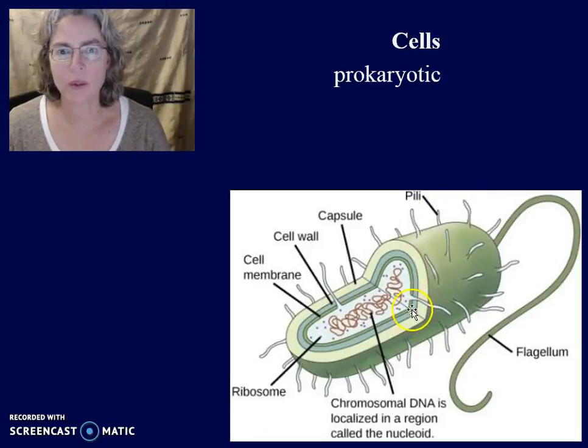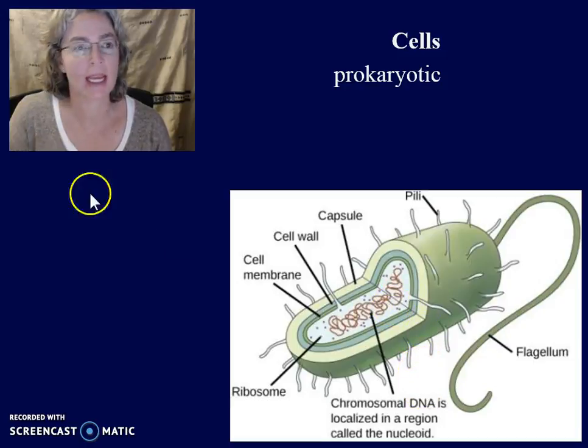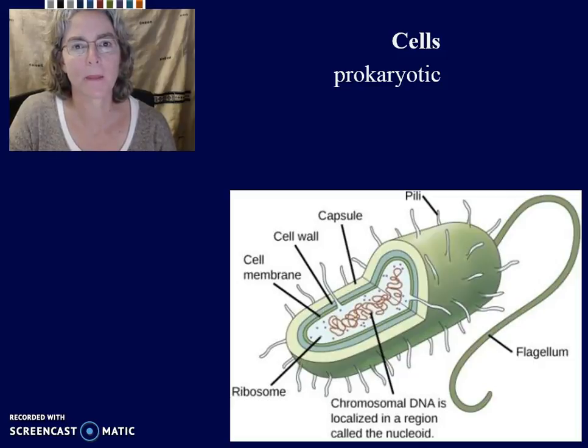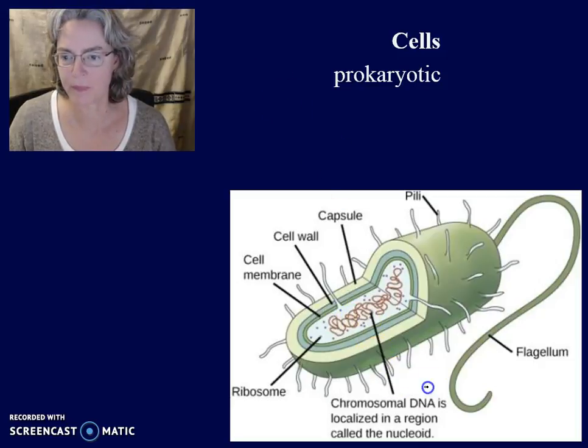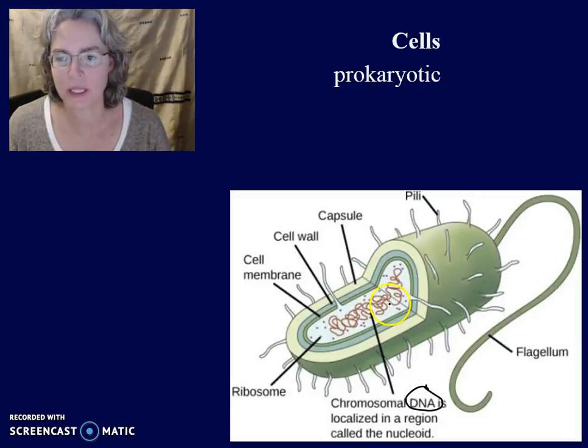Okay, so let's see. What do we say? We said a prokaryotic cell did not have a membrane-bound nucleus. So it does have DNA. But the DNA is not inside a nucleus.